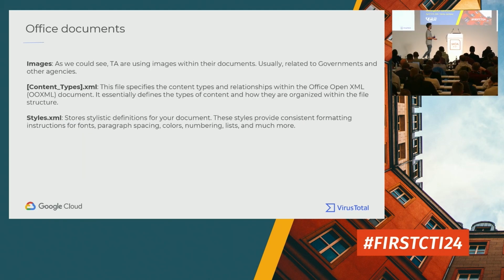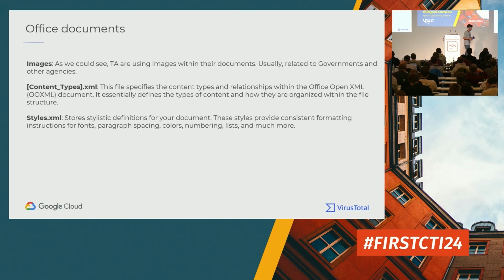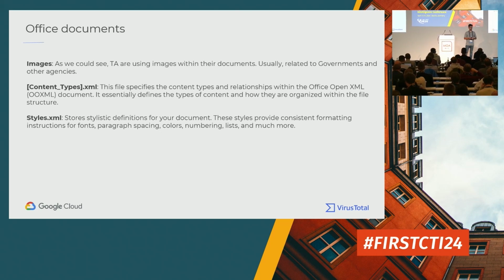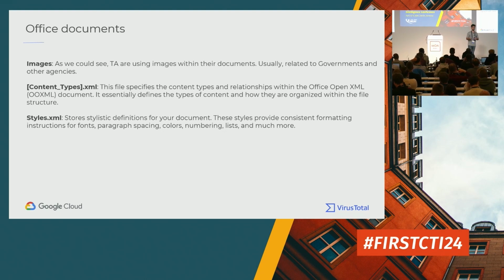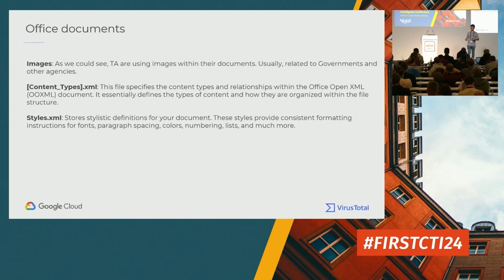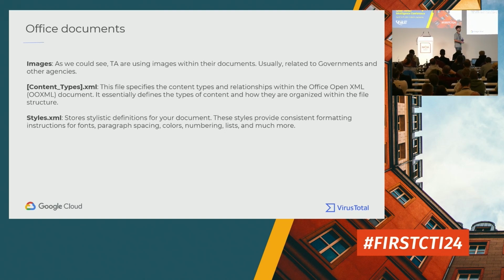So the Office documents, as I said, there are some threat actors that are using images during their Word document creation, and those images are going to be helpful for us in order to track the operations that they are doing. The content types file specifies the content types and relationships within the Word document, okay?